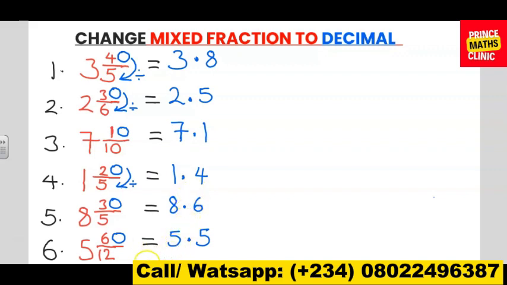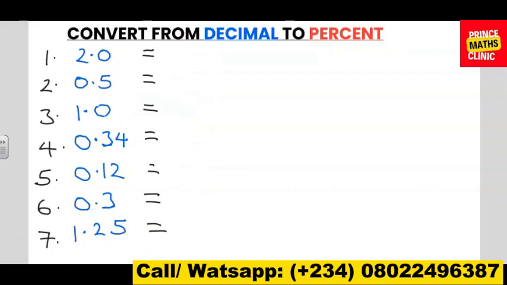Now let's look at how to convert from decimals to percentage in the next slide. Here we have this set of questions to convert from decimal to percentage. And because percentage is in terms of 100 and 100 has 2 zeros, this is the approach I'm going to adopt.